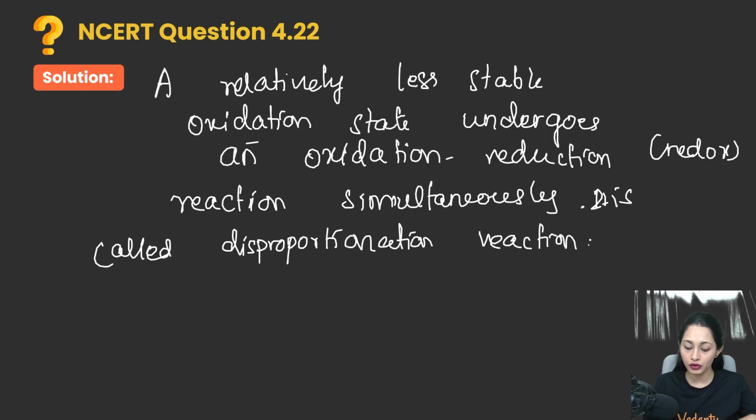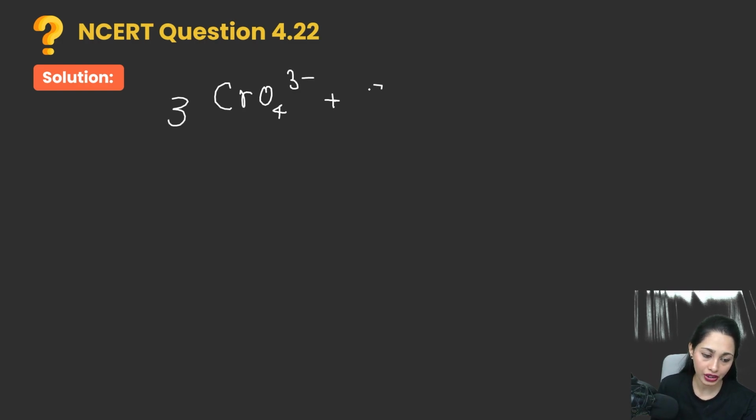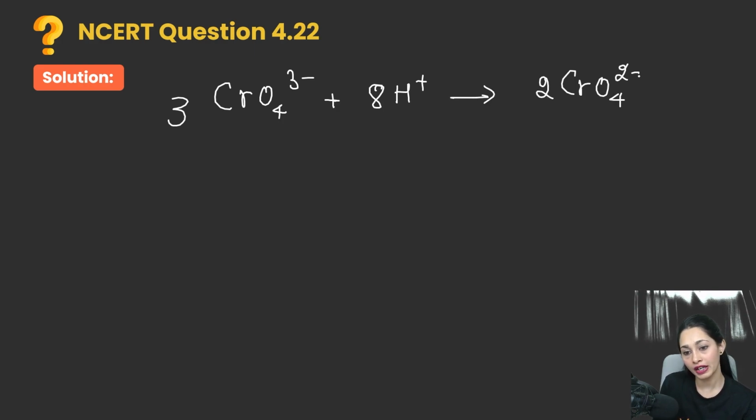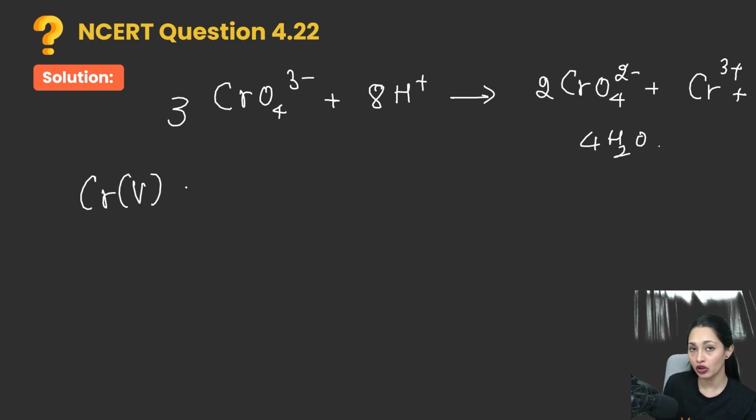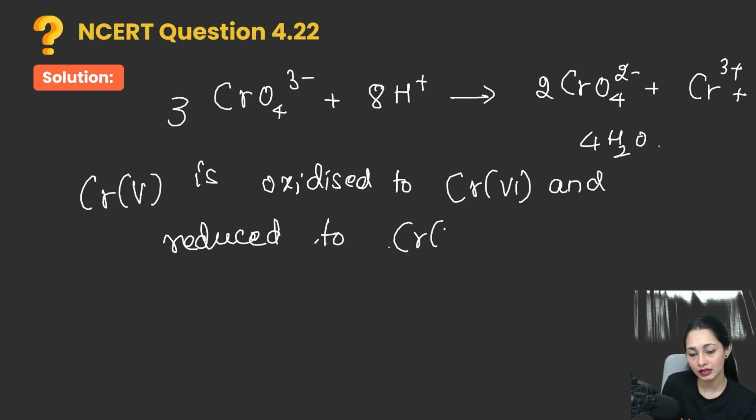So we are asked to give two examples for this in aqueous solutions. Here is an example. The first example: chromium oxide is going to undergo a disproportionation reaction. This is the reaction. You can actually find out the oxidation state here. Chromium in its +5 oxidation state is oxidized to chromium 6+, and it is reduced to chromium 3+.